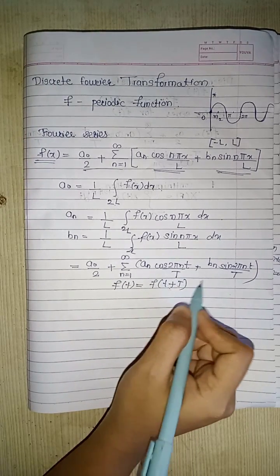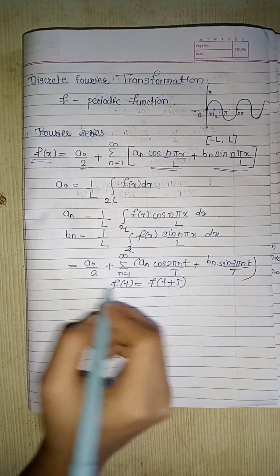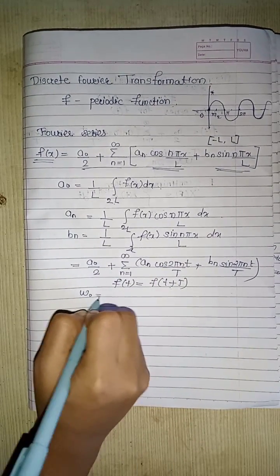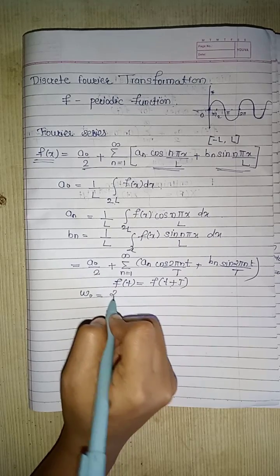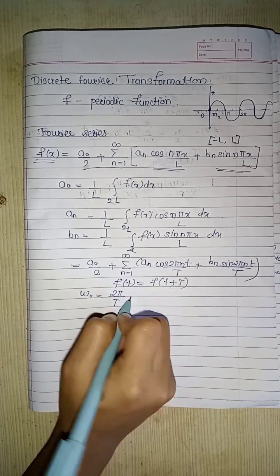So this is the period of that function. And omega naught, the frequency, is given by 2 pi upon capital T.